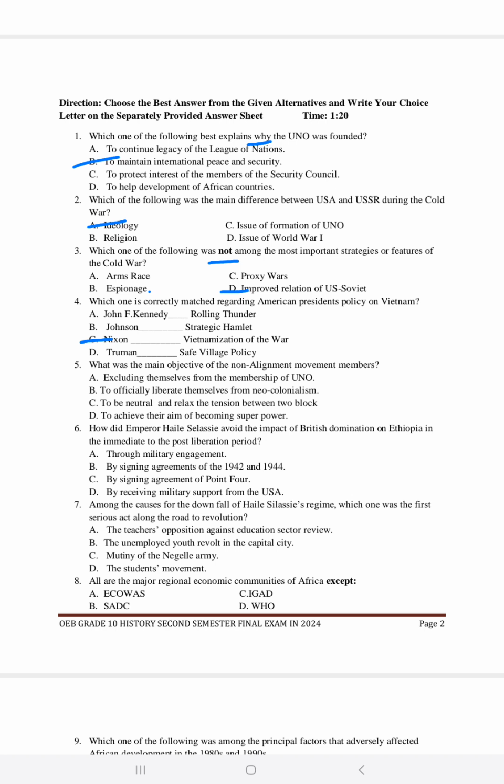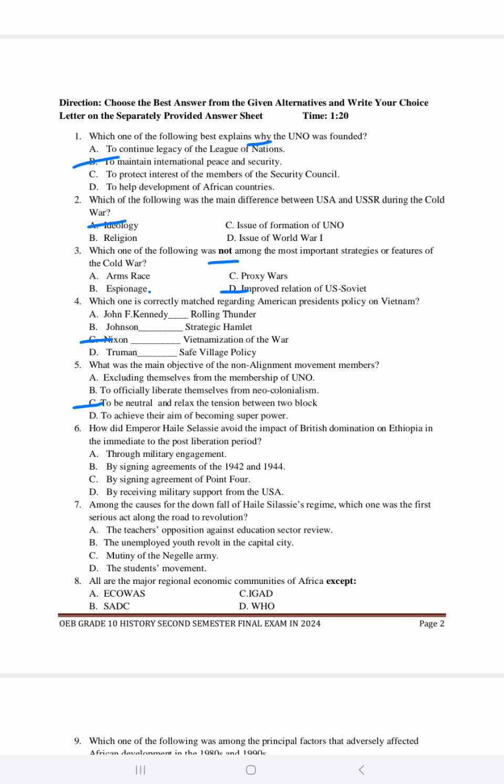To be neutral, they are in peaceful intervention in world politics. So they are neutral from being with or against both superpowers and also relax the tension. D, to achieve their aim of becoming a superpower? No. The answer is C.